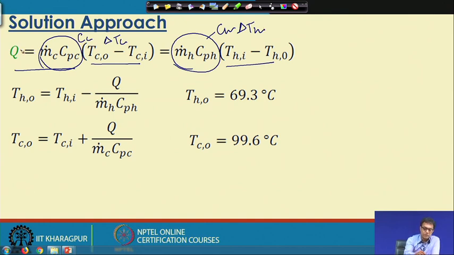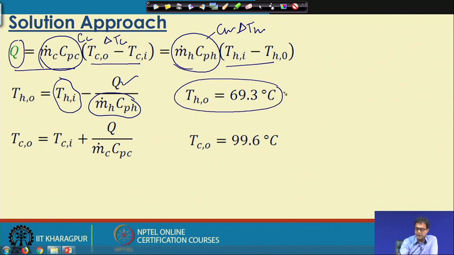In this equation, this Q is already known. We know the hot inlet temperature, and the mass flow rate multiplied by Cph is already known, and accordingly we find that the hot exit temperature is 69.3 degrees centigrade.